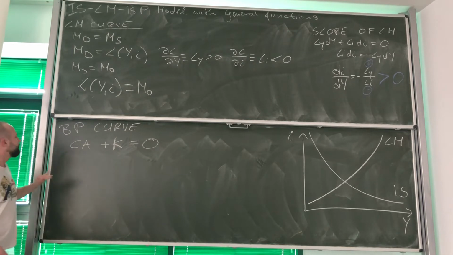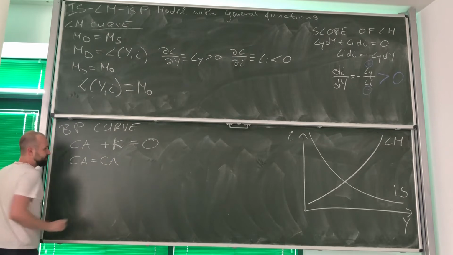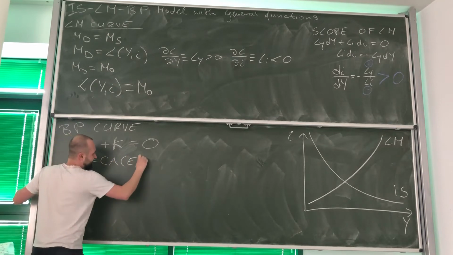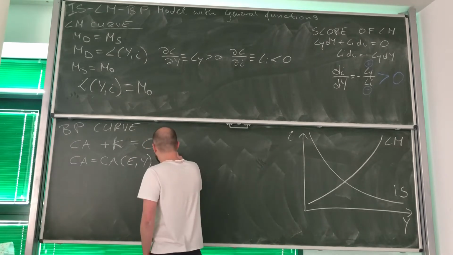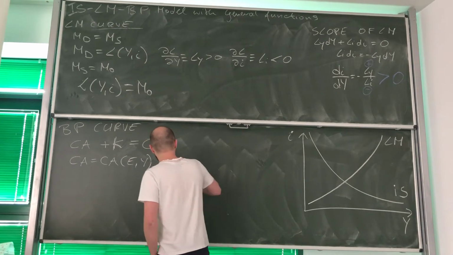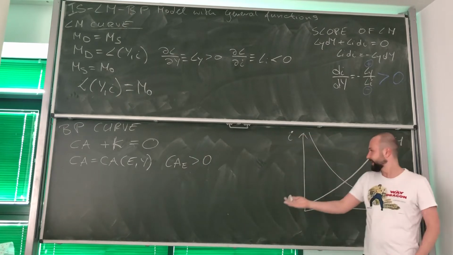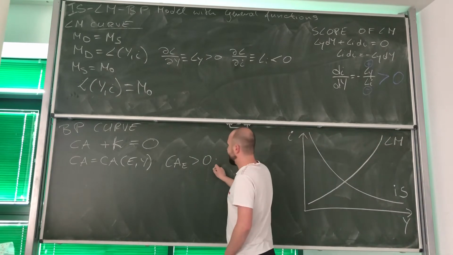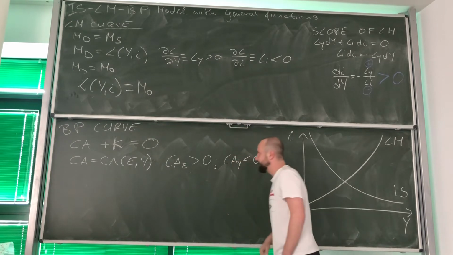Now look, we redefined CA already as a function of exchange rate and income. We already established that the two derivatives are CAe, which is positive, depreciation improves the current account, and CAy is negative.